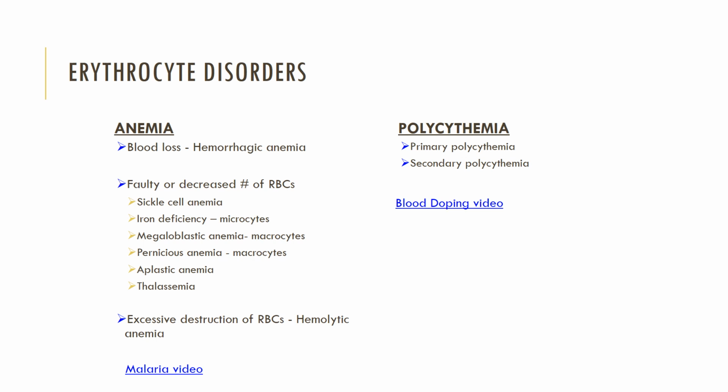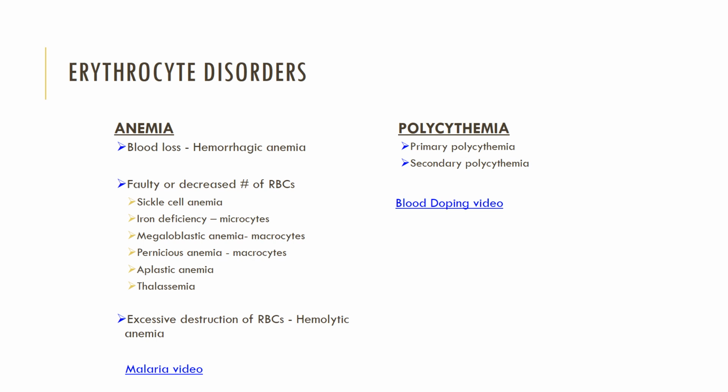We can also have decreased hemoglobin levels, such as that occurs in iron deficiency or pernicious anemia. In iron deficiency, the lack of iron results in small pale erythrocytes called microcytes.